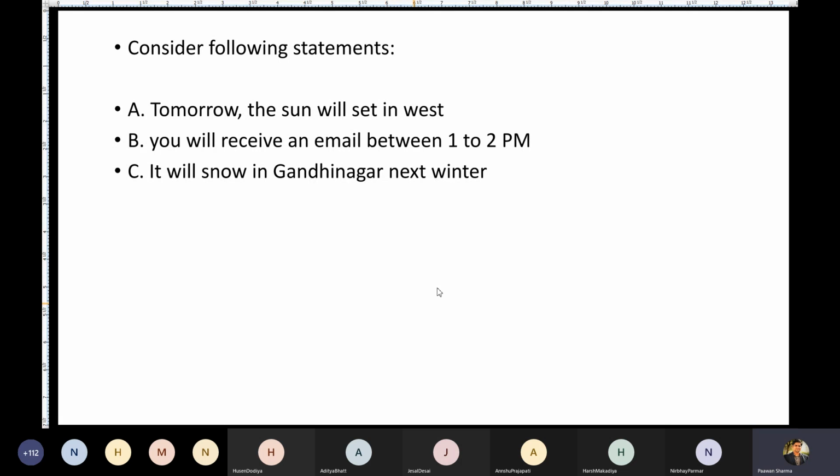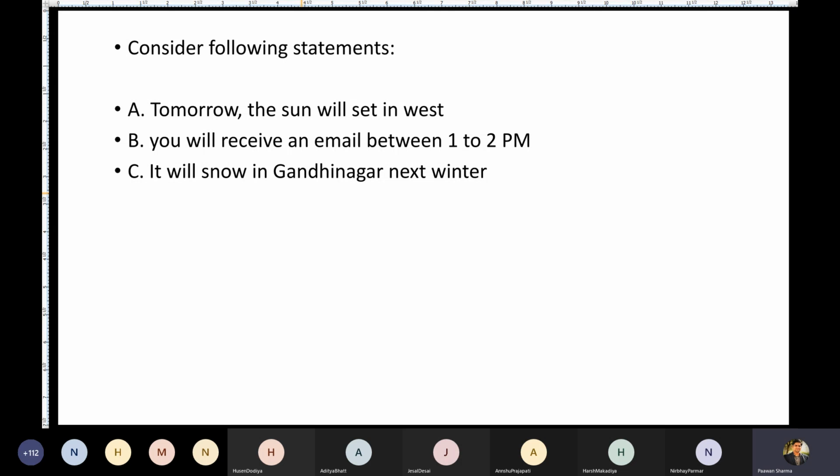So now you link up these three sentences with the probability of occurrence. If you look at sentence A, the probability of occurrence is 1, believing that there will not be any doomsday, or final judgment day or something like that.